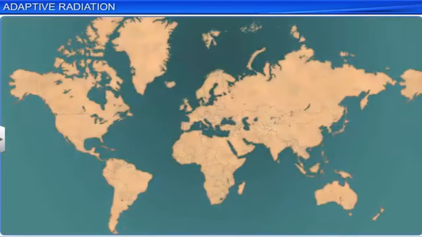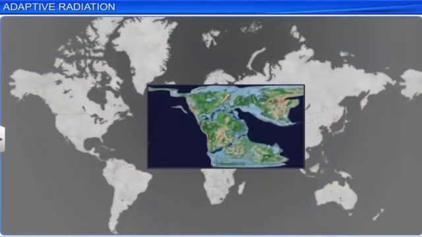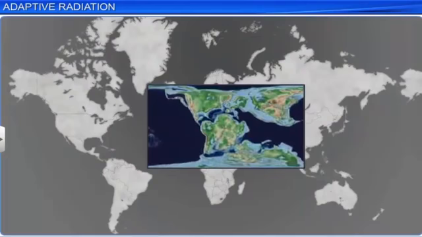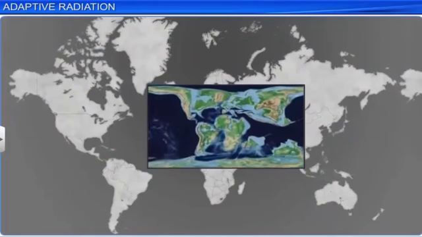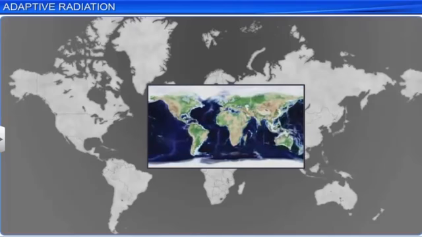On tracing the evolution of these marsupials, it was found that the drifting of the continents had shaped their history. When the ancient land masses of Laurasia and Gondwana broke apart to form separate continents, the marsupials were also divided into two groups.